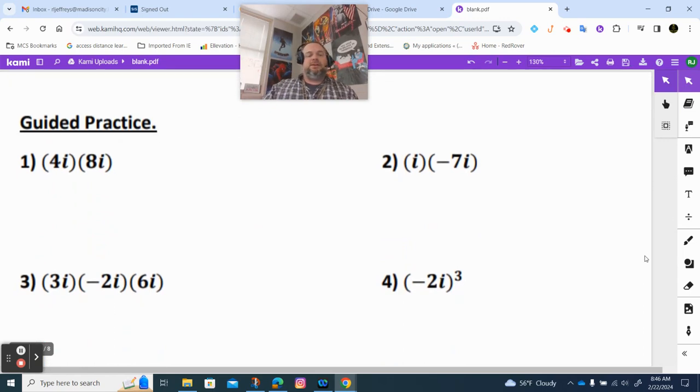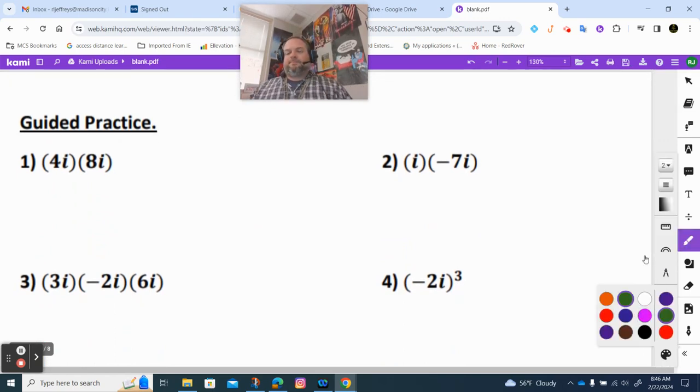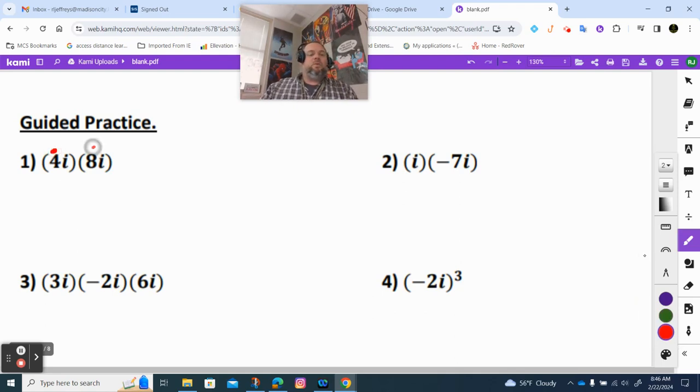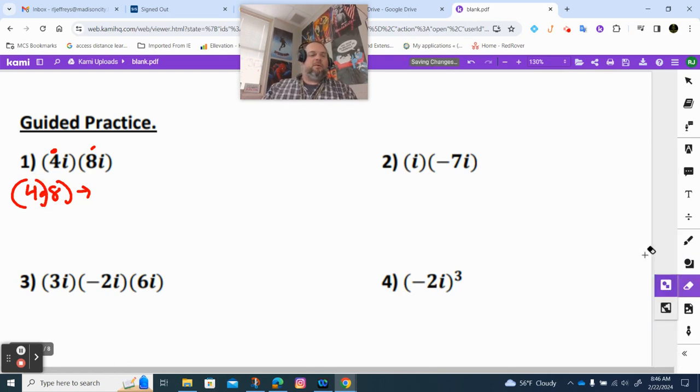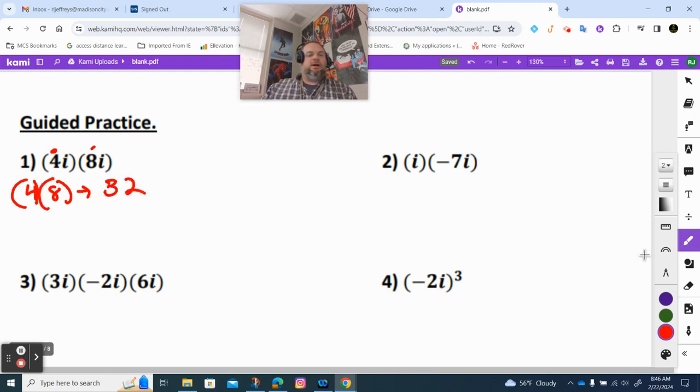All right. Let's try these problems. I know y'all are really excited about this. So if we have 4 times 8, which is, let me do it in the same format I just had. 32.